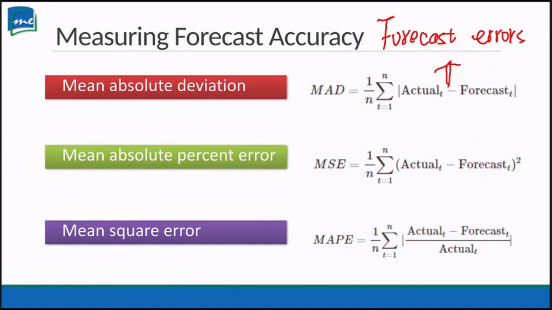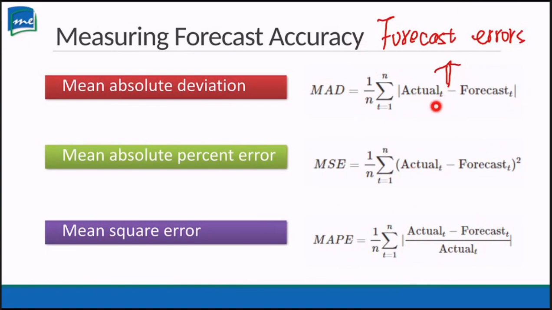So in general, we have these three measurements to assess how good the forecast is. The basic idea for these three measurements is the same. We want to know the forecast errors. We want to know the average forecast errors, but we pick different types of forecast errors.